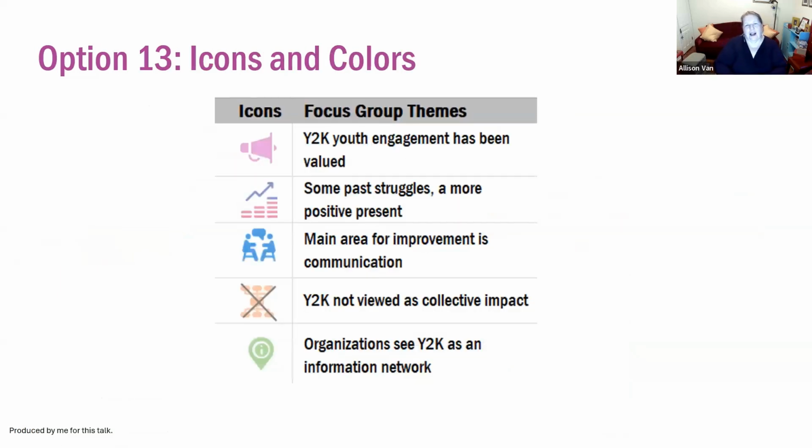Okay. Option 13, icons and colors. So this comes up when you have a lot of data and maybe you are doing a longer report or doing sections even of a book. It can be really useful, if you have a series of themes, so again, these were the themes from the focus group from our example at the beginning, to just pick an icon that represents that theme, that helps people to remember what that theme is, because they link the icon to what it is that you're saying the theme is.